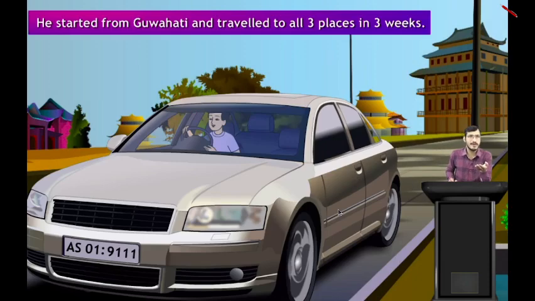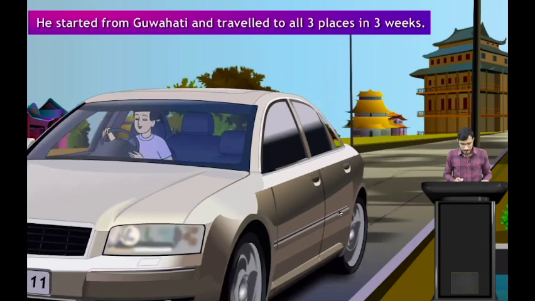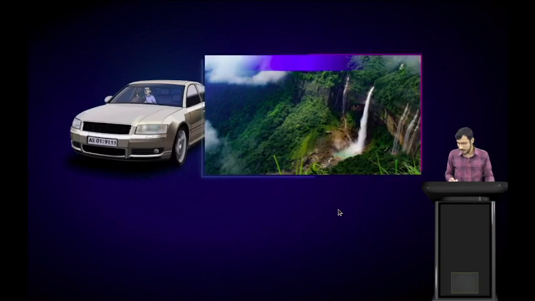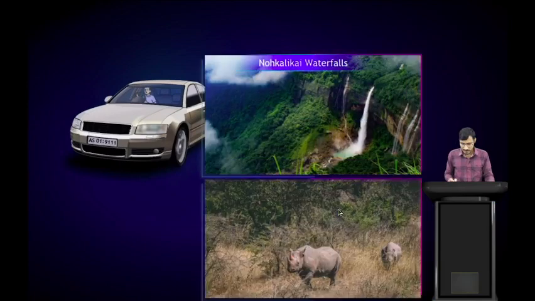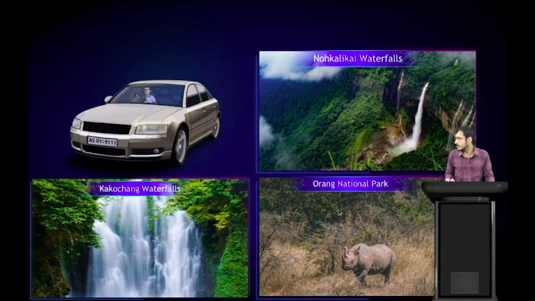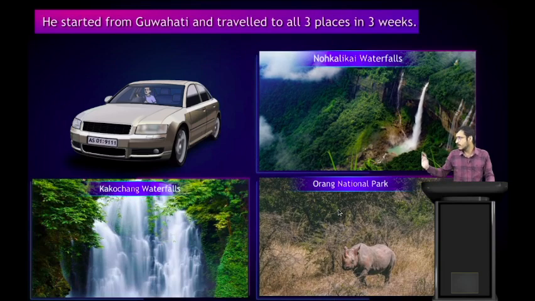He started from Guwahati and traveled to all three places in 3 weeks, the first journey, the second, and the third place.